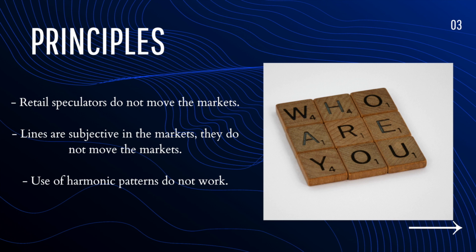As you may see online, there's a lot of ambiguous information portraying all these different patterns and tools you can use, and it's really just shiny object syndrome. All these things you're adding onto the charts simply do not help you, because the institutions do not even know they exist. And if the institutions do not know these random things exist, there's no way you can really move the markets, because they're the ones that have enough capital to move the markets.